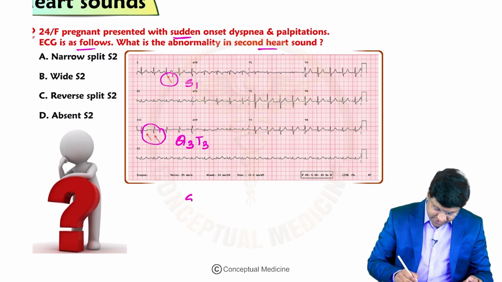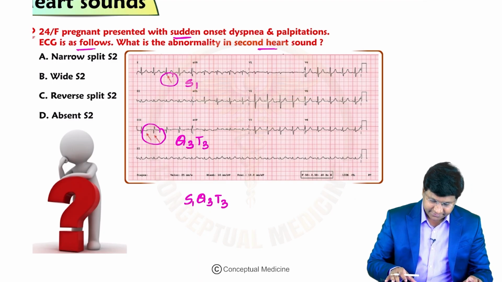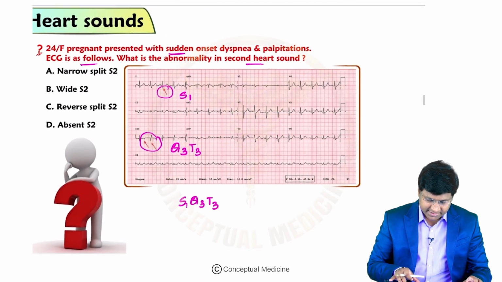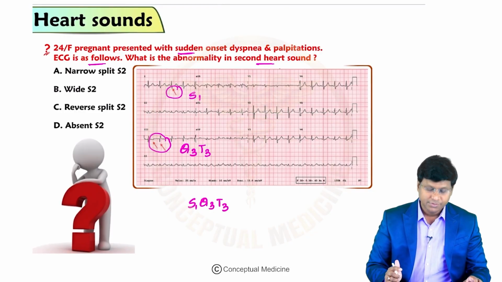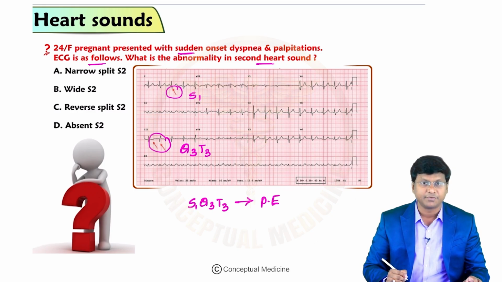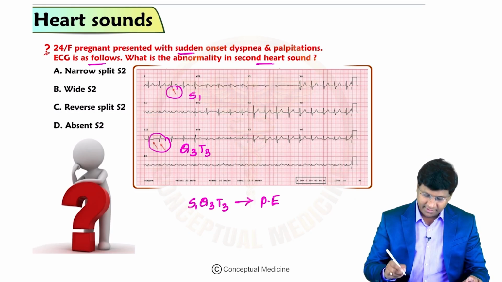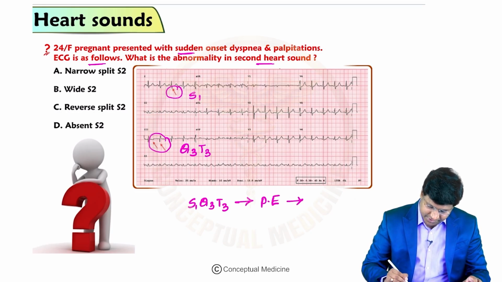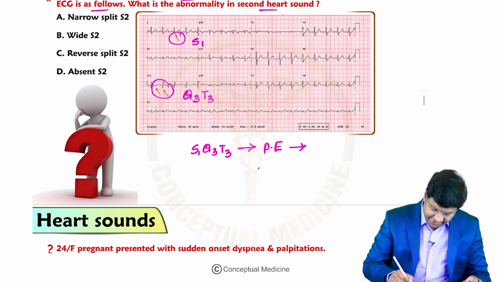So this is called the S1 Q3 T3 pattern, right? So where will you have the presence of the S1 Q3 T3 pattern? That is present in patients with pulmonary embolism. And please remember, the most common ECG finding in patients with pulmonary embolism is sinus tachycardia.